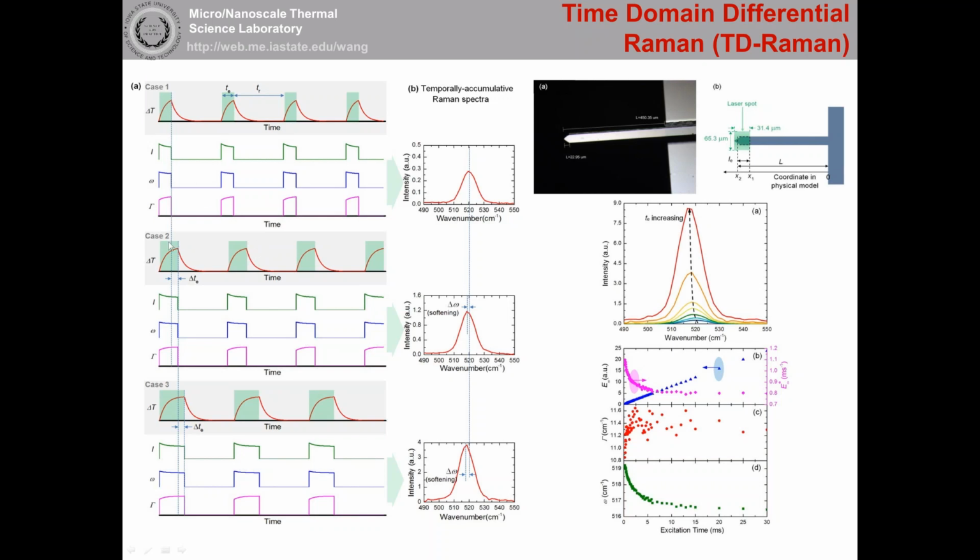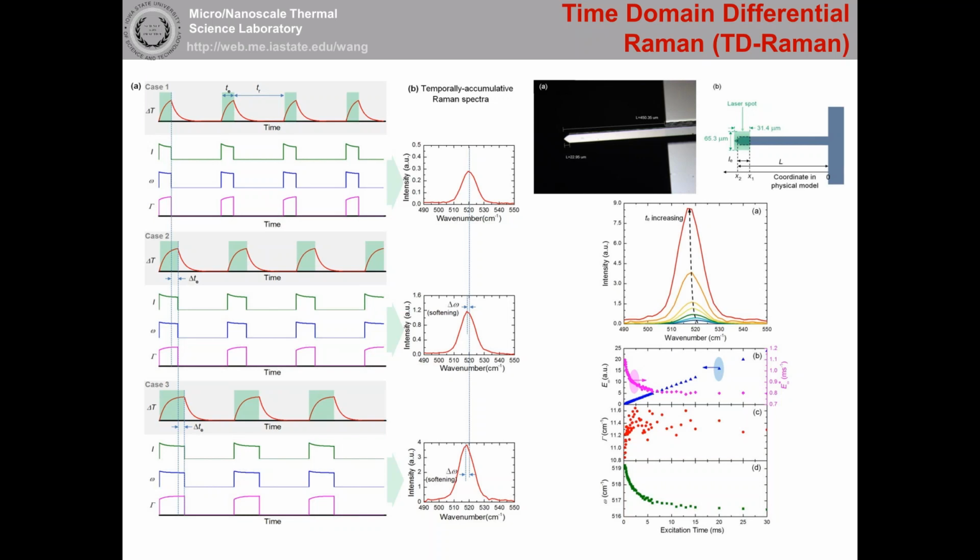Next, I make the heating time longer and do the Raman measurement again to get another average temperature. Then I try another case, a longer laser heating, and measure the average temperature. So I keep changing the heating time of the laser from short to long, and I measure the local temperature rise.